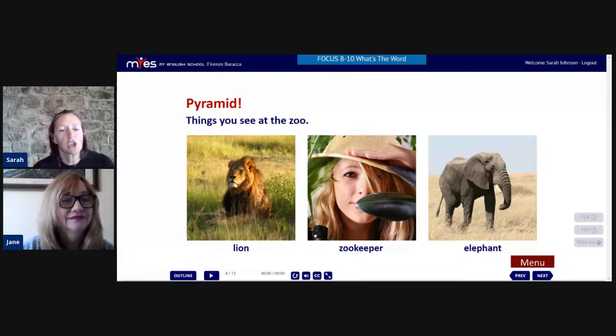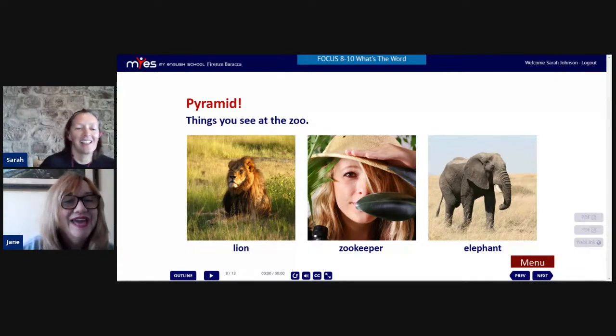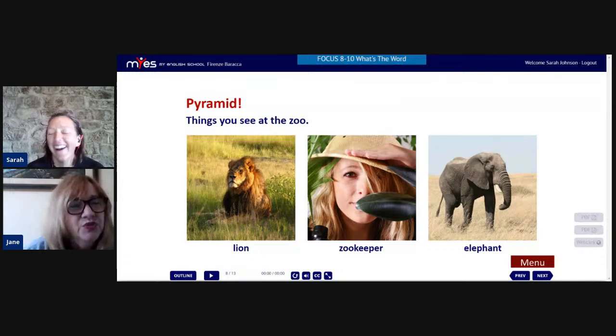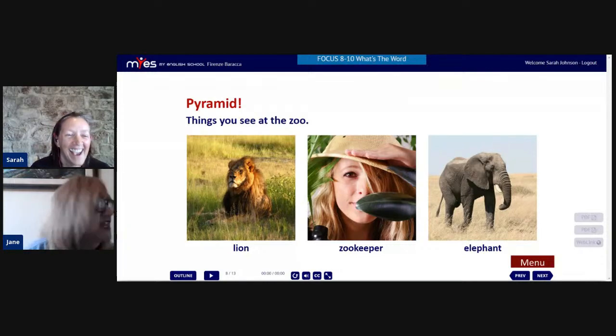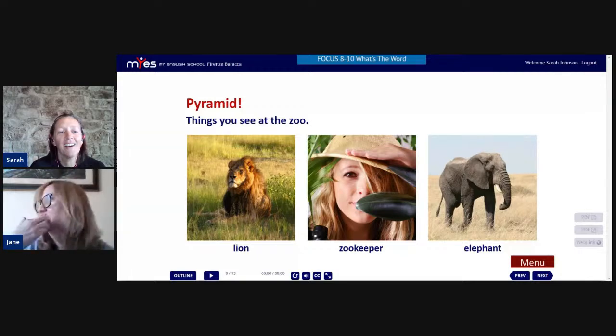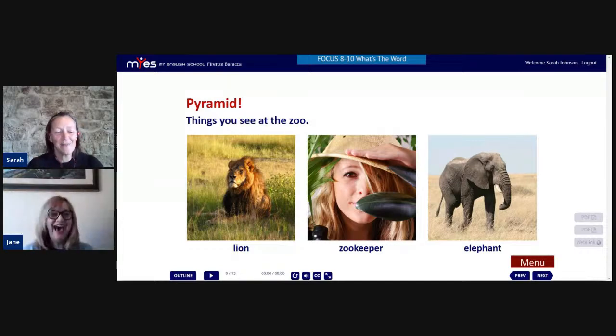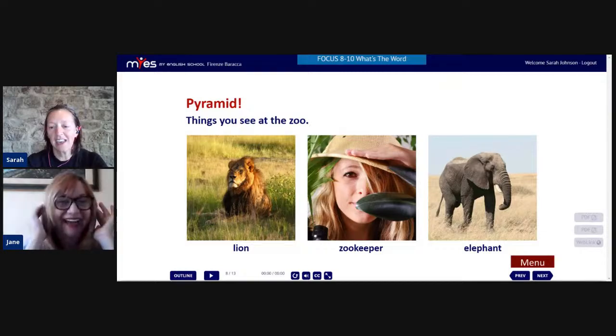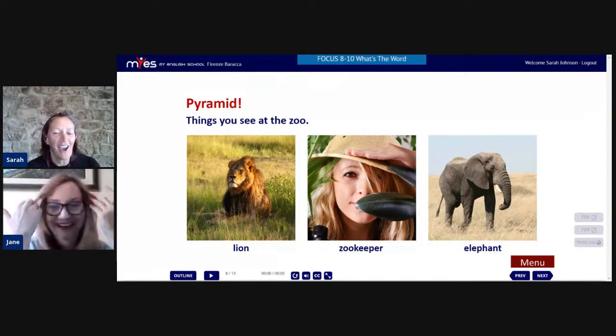Okay, so number two. Now an elephant. What sound does an elephant make? Do you know in English? Because I know in Italian, but in English, do elephants make a sound? I think they harumph. I don't know that. I'm going to have a go at writing it, but I don't know.